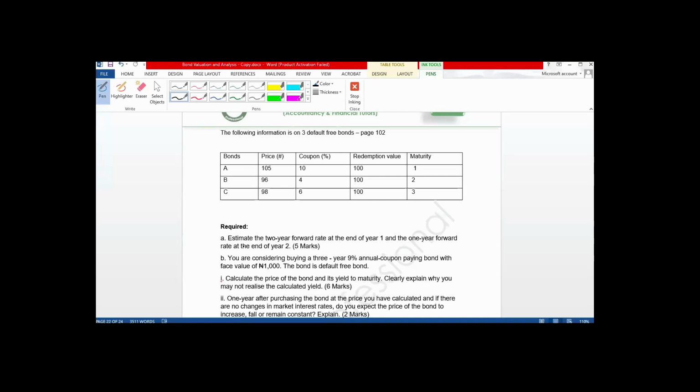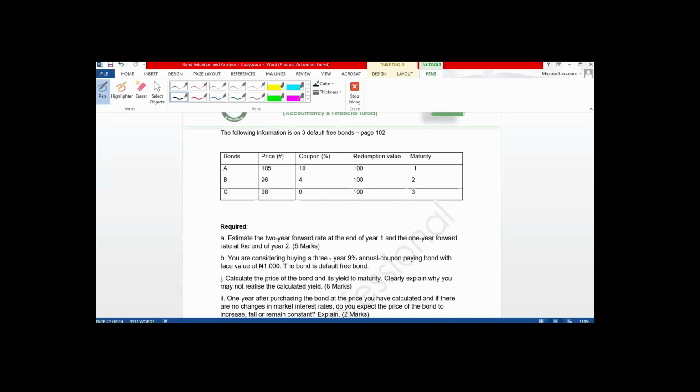The bond is a default free bond. Requirement B1 says calculate the price of the bond and its yield to maturity. Clearly explain why you may not realize the calculated yield.